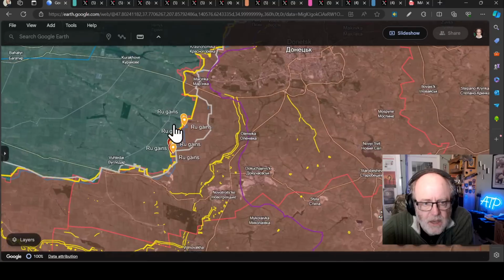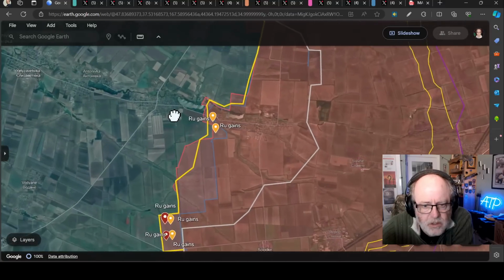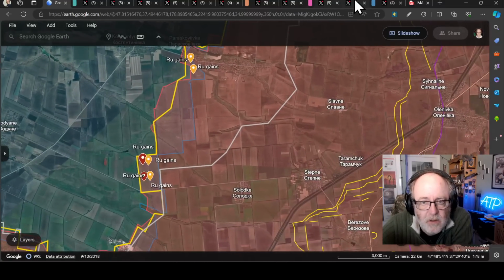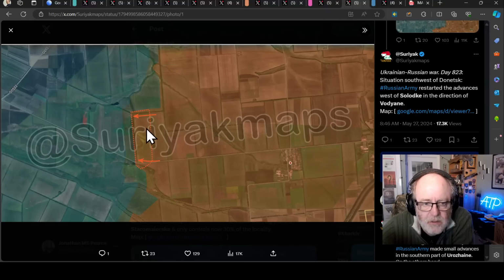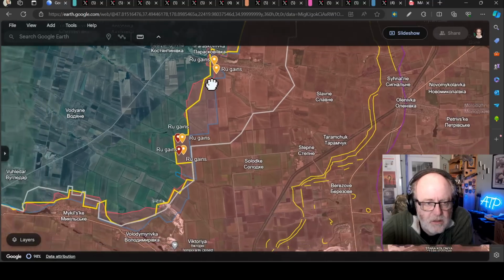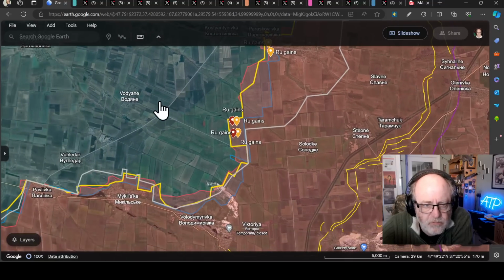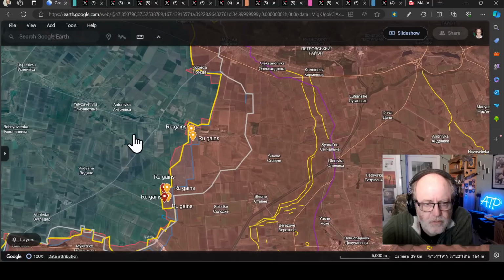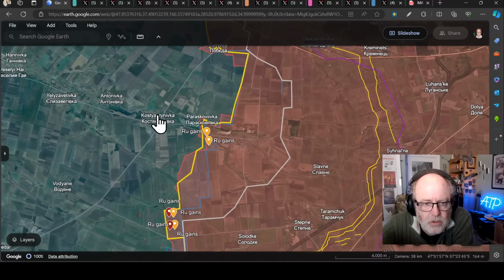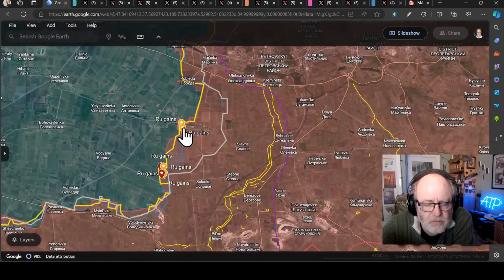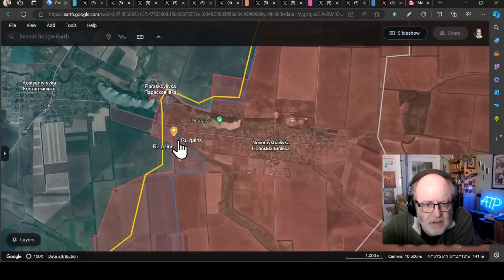And then we come further to the south around Solodka, where the Russians have made some further gains. Here, just a field where the Russians have restarted advances in a direction of Vodyane, and this is in the direction of that road that connects Vuhledar past Vodyane up to Konstantinivka here. So where the Russians have, according to Deep State Maps, made some small advances west of Novomykhailivka, just south of Paraskevivka in that area.